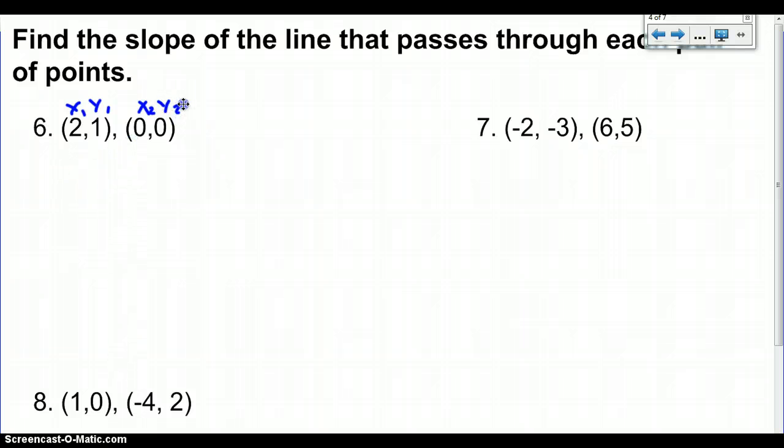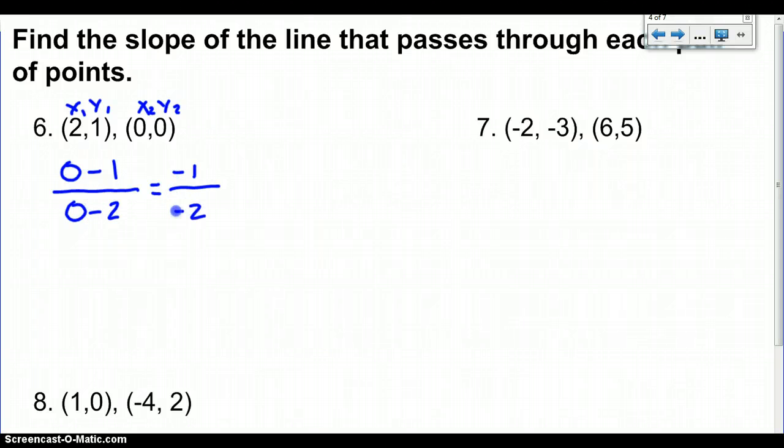And so we just plug in our numbers. So it'd be y2, which is 0, minus y1, which is 1, over x2, 0, minus x1, which is 2. And if we simplify that, 0 minus 1 is negative 1, and 0 minus 2 is negative 2.